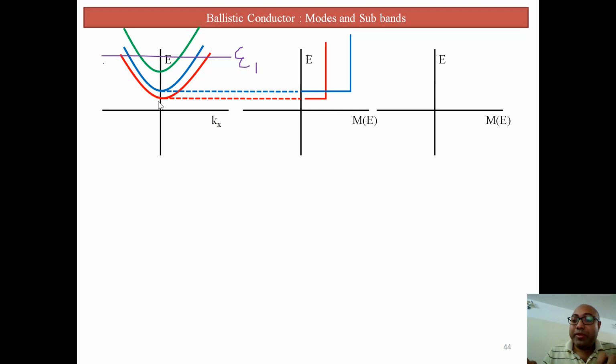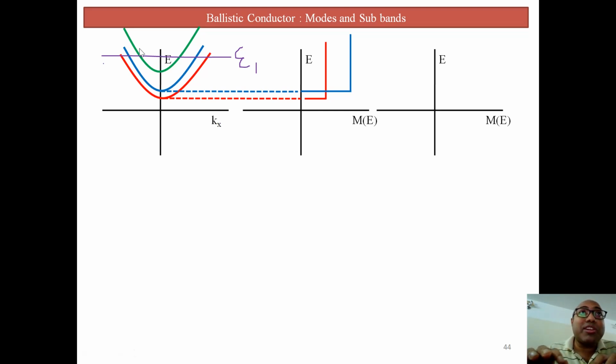Look at this: it is a delta function. Delta function means if you cover the number of energy states, you will get the answer 1, right? Like you have covered 1, 2, 3 energy states, and this is the value where I want to know the number of states and number of modes.